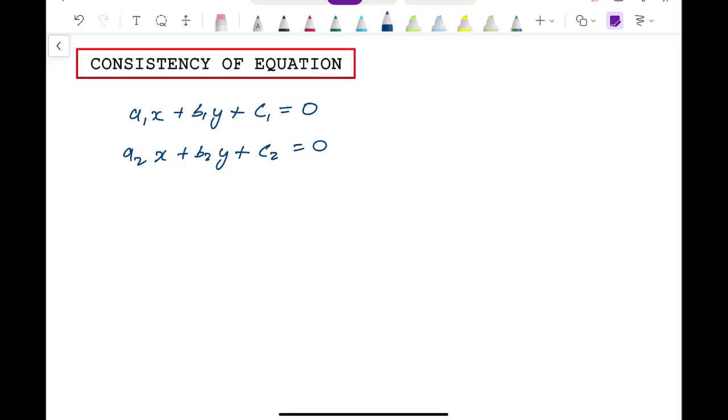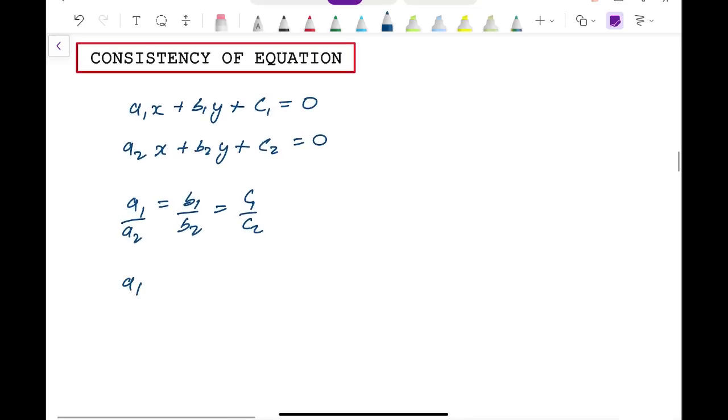In this case, there are three conditions. If a1 divided by a2 is equal to b1 divided by b2 is equal to c1 divided by c2.